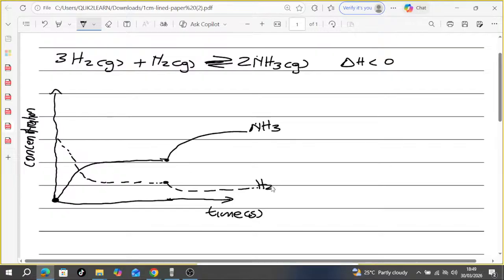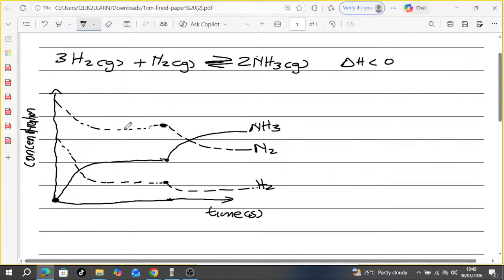Then I'm going to have my N2 on top. The N2 is the one that will start here, then it reaches equilibrium, and at the very same point it decreases again. This is my N2. So let's go through these graphs step by step.